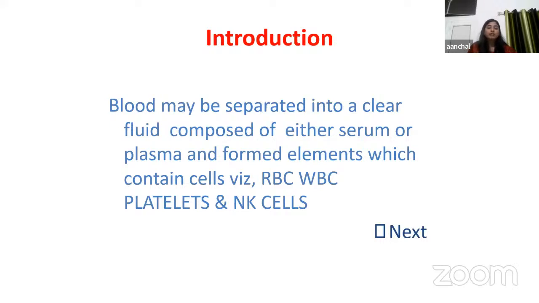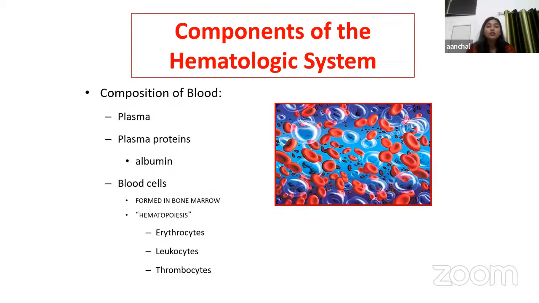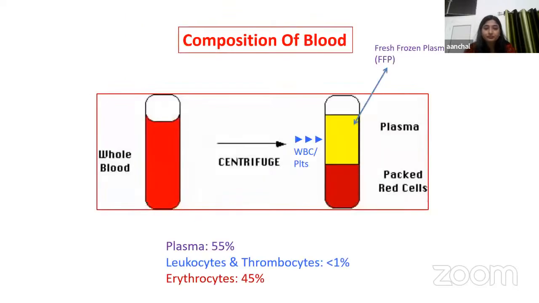Starting from the introduction, as we know, blood may be separated into a clear fluid composed of either serum or plasma, and unformed elements which contain RBC, WBC, platelets, and natural killer cells. Talking about the components of the hematologic system, we have plasma proteins like albumin and globulin, then blood formed elements: RBC, platelets, WBC.